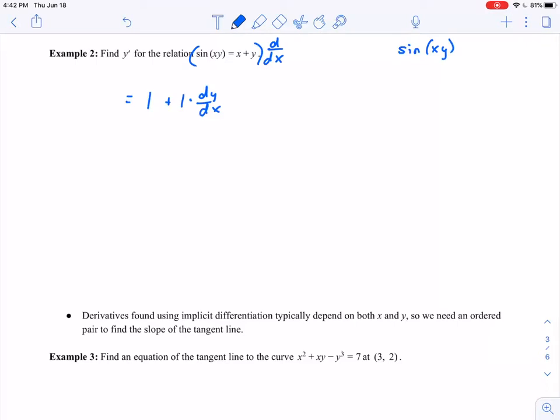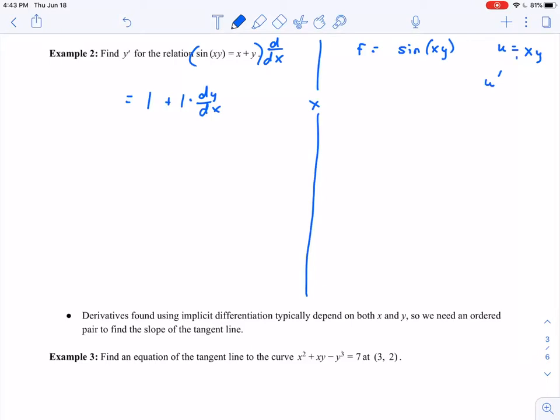So maybe I'll do this just off to the side right here. So we're working with, let's just call this, f is equal to sine of xy. Let's just look at that part separately for now, and then we'll come and revisit the left half of our problem later. So u, that inside part, is going to be xy. U prime, when I go to take the derivative, and oh boy.